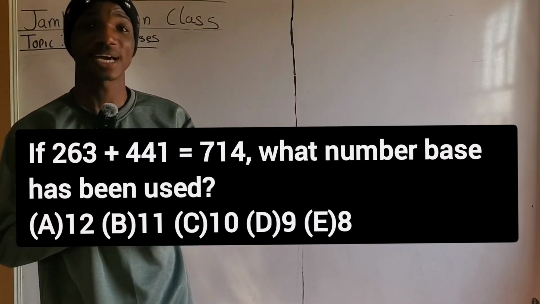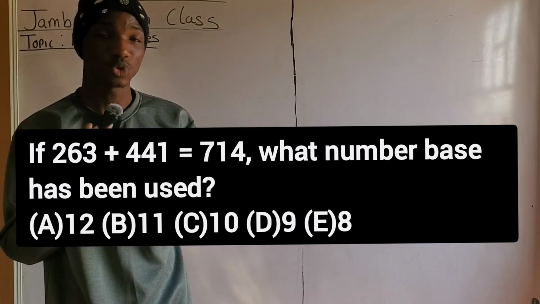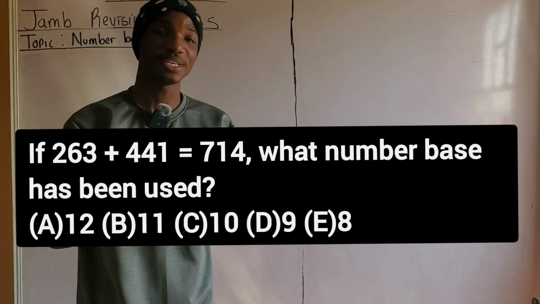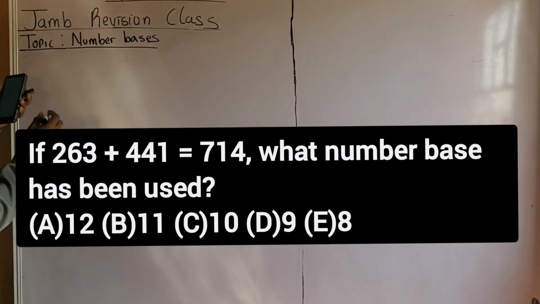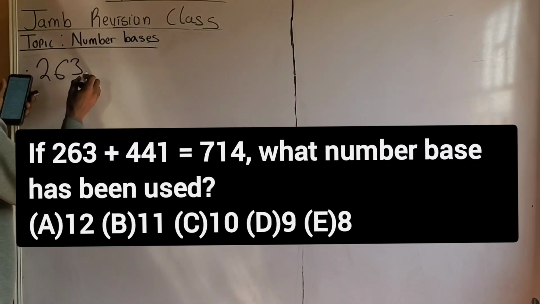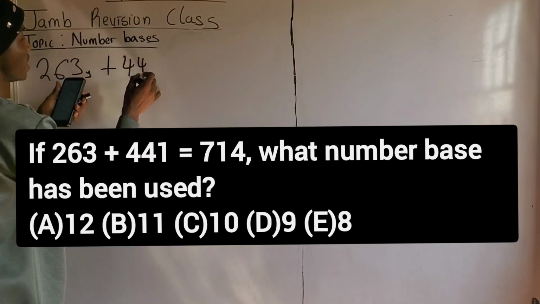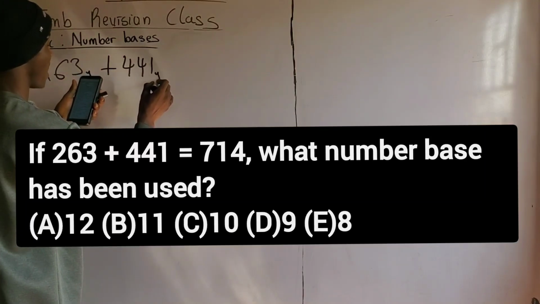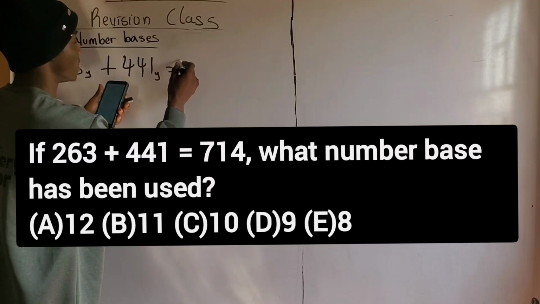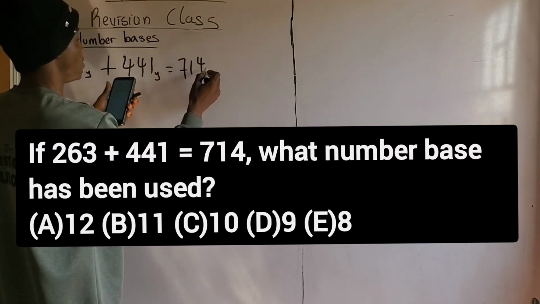I don't know the base. So let us represent the base as a letter. Let's use the letter y: 263 base y plus 441 base y equals 714 base y.